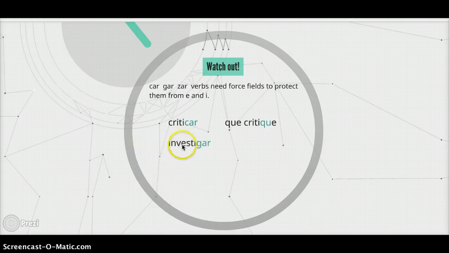Here we have investigar, to investigate. We have to protect this g sound, so we put the force field, investigue, que investigue. And penalizar, Z-A-R, remember the E wants to kill the Z, so she sends her cousin the cop to be in the word instead, and it turns into penalice with a C.